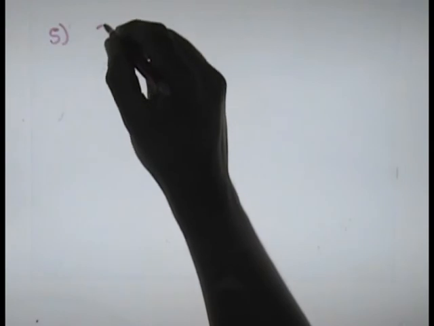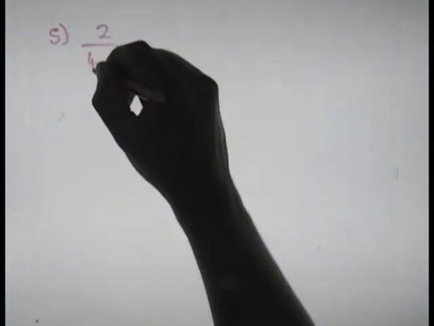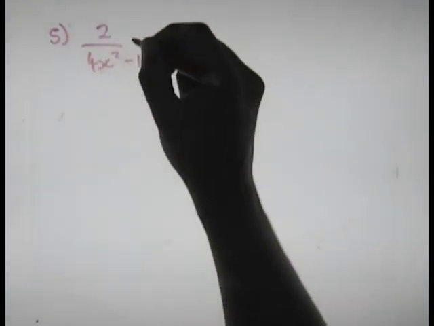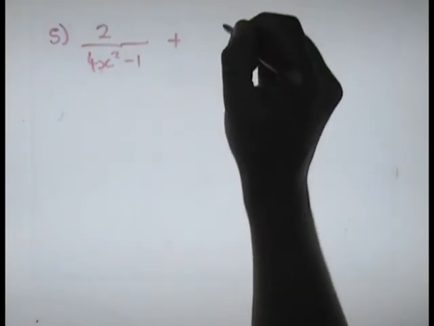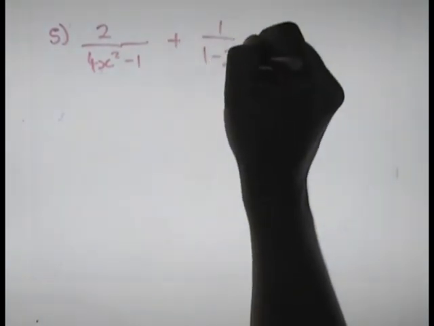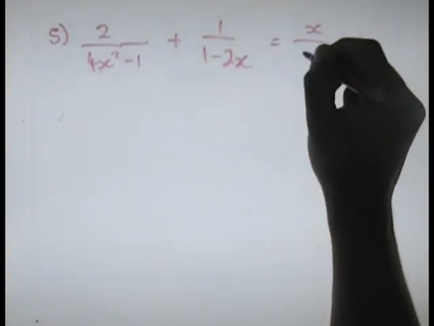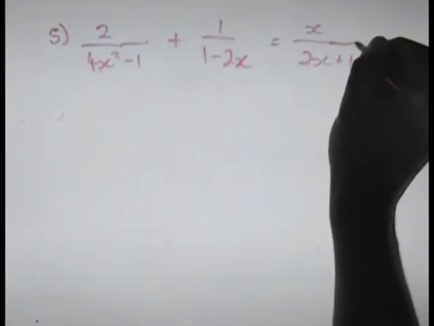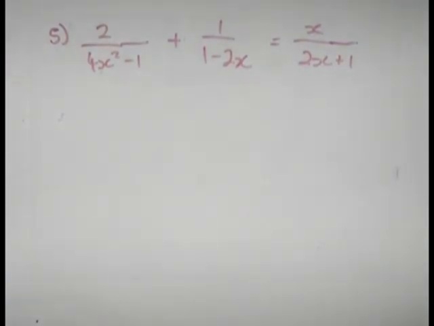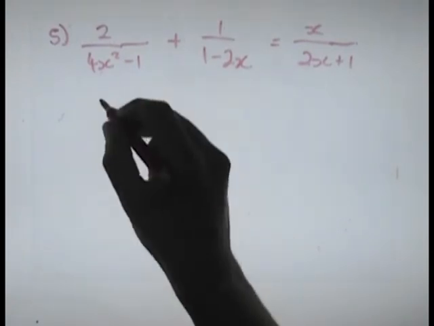Number 5, red. 2 over 4x squared minus 1 plus 1 over 1 minus 2x is equal to x over 2x plus 1. Before I find the LCD, I'm first going to simplify.